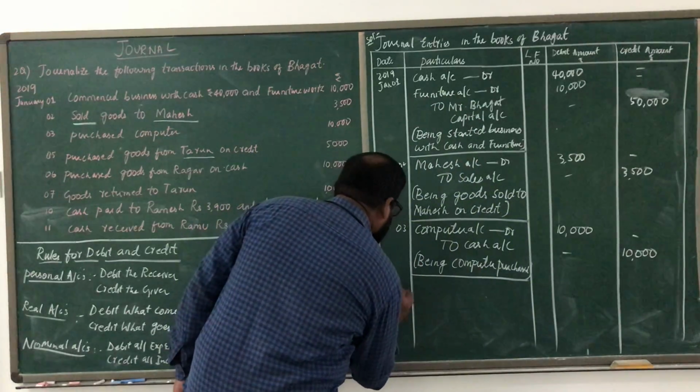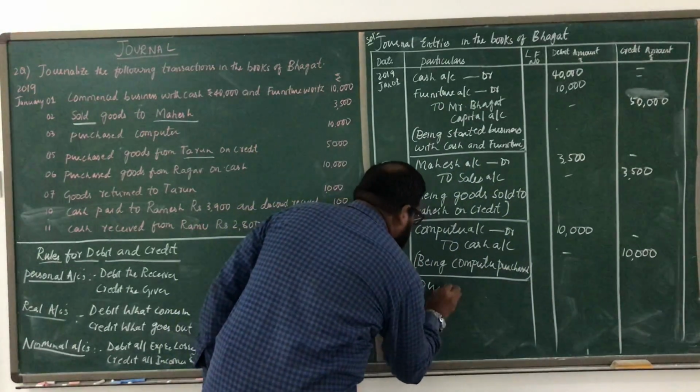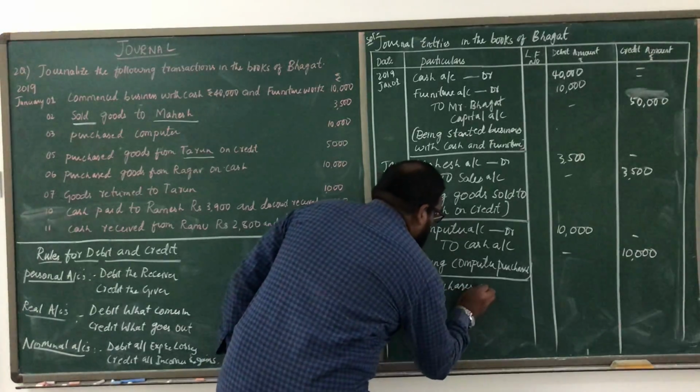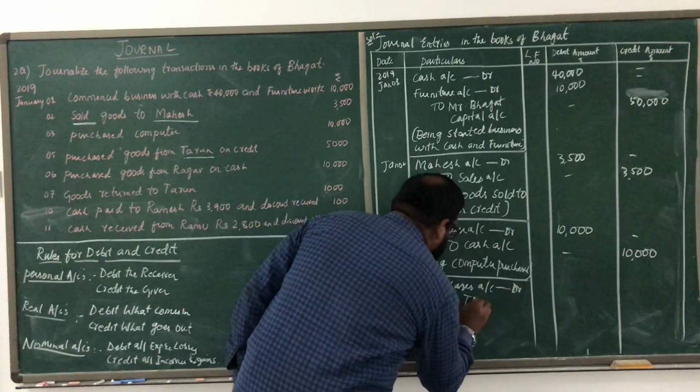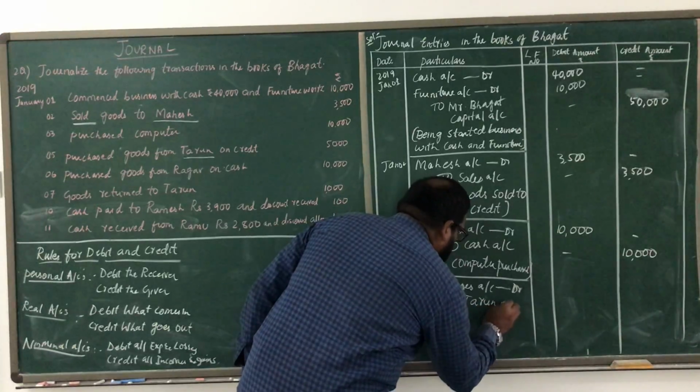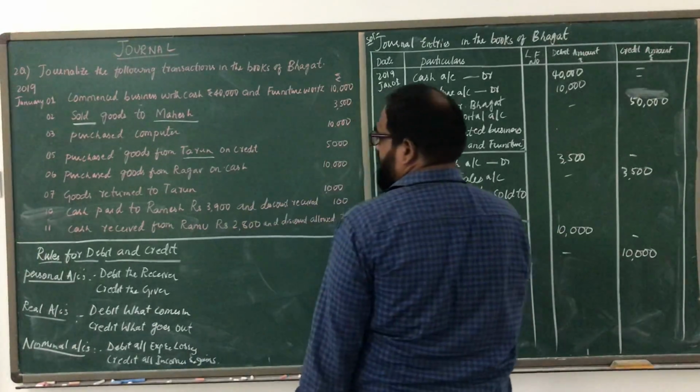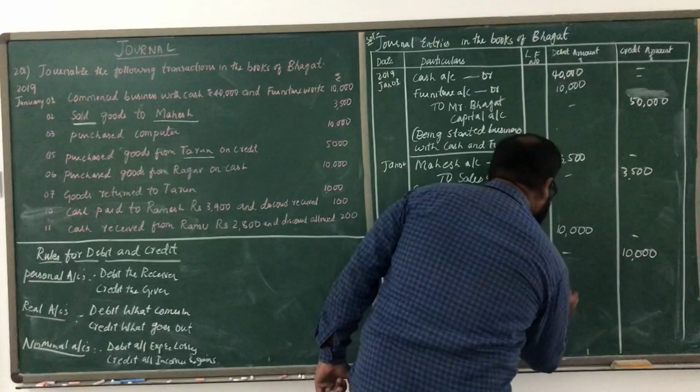January 5th. Purchases account debit, to Tarun account. It is our credit transaction. The amount is 5,000.